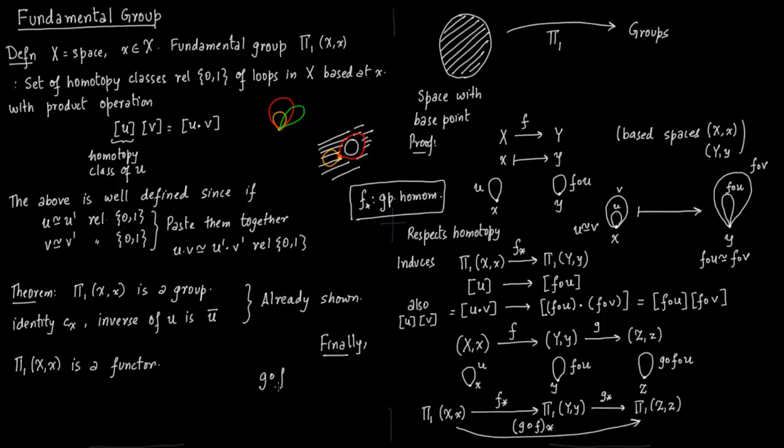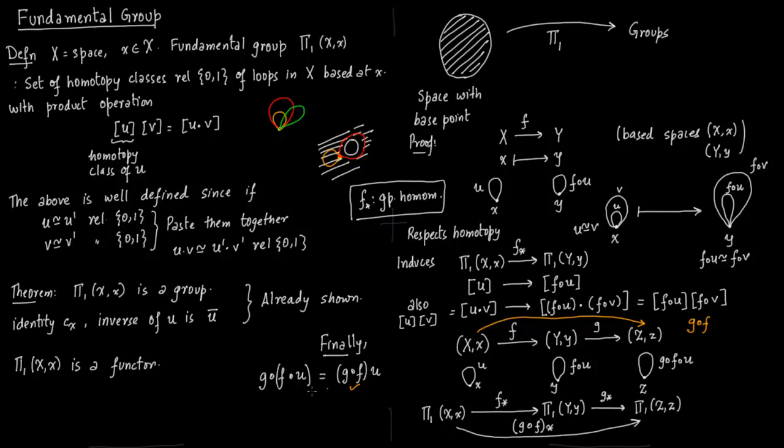Now to show that, first notice that g of f of U is equal to, you could directly go from space X to space Z. So first apply f and then you apply g. You could go directly from space X to space Z. Let me draw this in yellow. You could do this via this map.